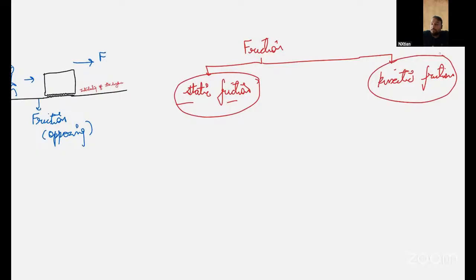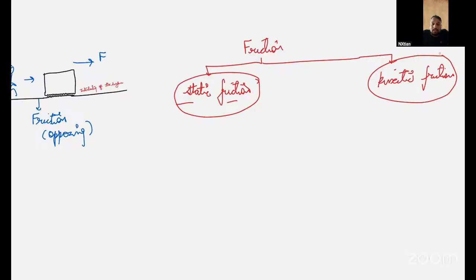When an object is moving, for example when you are riding a bicycle, you pedal it up and now you stop pedaling, after some time it will stop, no? Because some friction is working. That friction is called kinetic friction. Static means no movement.